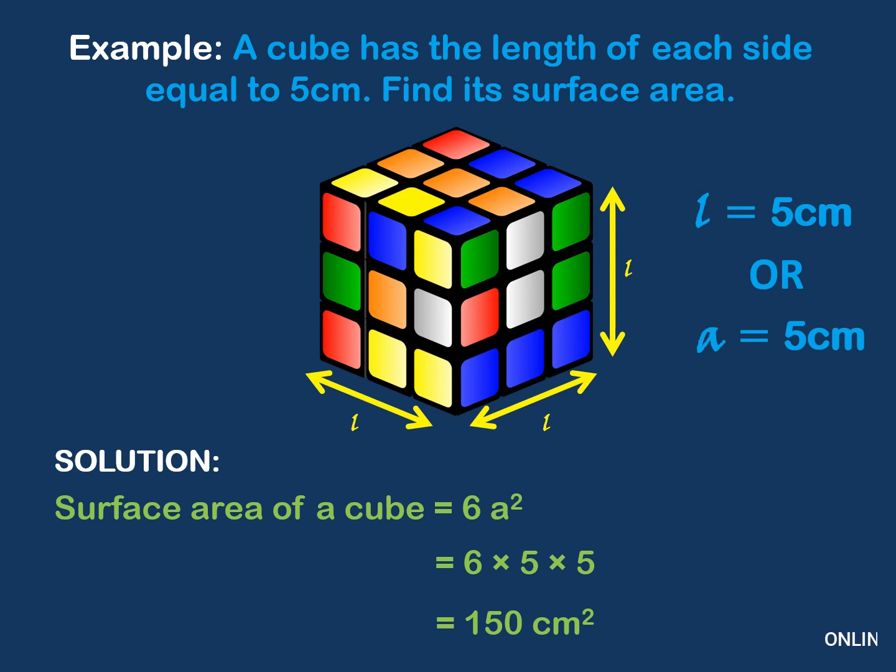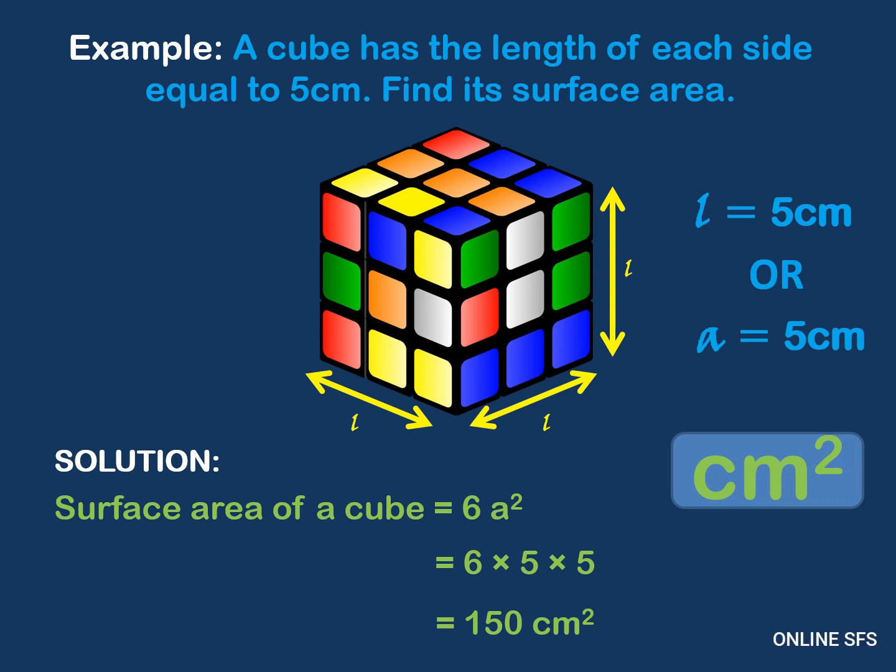Over here, you must remember that since we are multiplying 2 dimensions, the unit is going to be centimeter squared, or you can also write meter square if it's a bigger measurement.